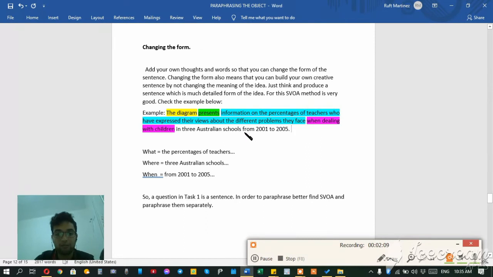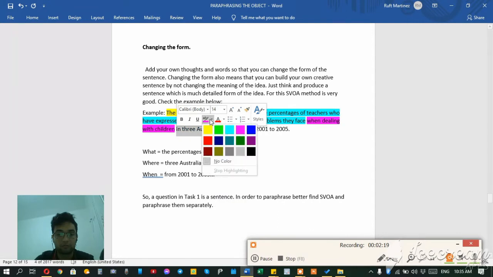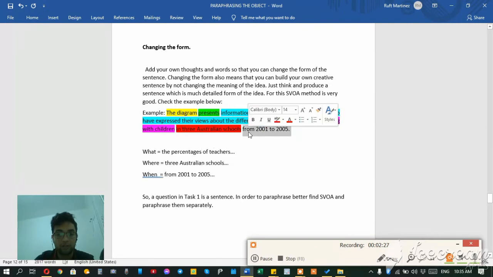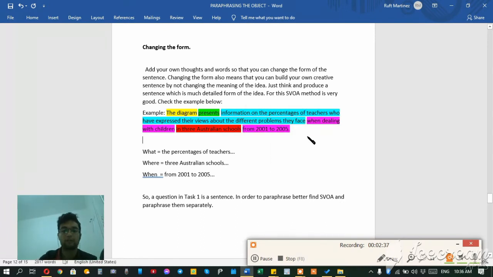And in 3 Australian schools, there's another time adverbial from, oh no, not this one. From 2001 to 2002.